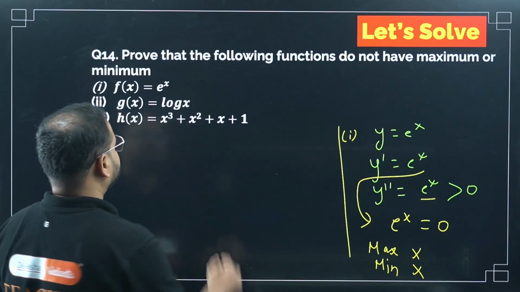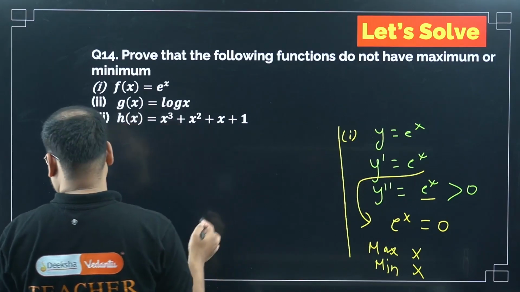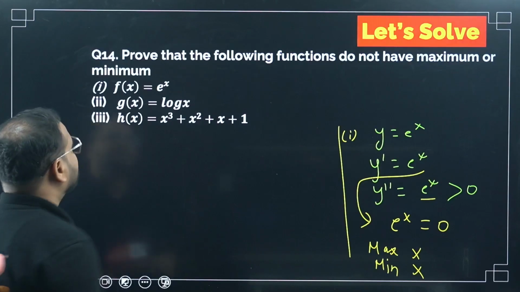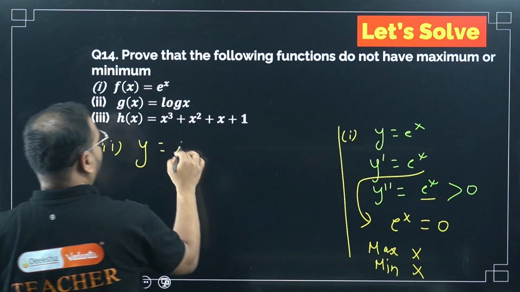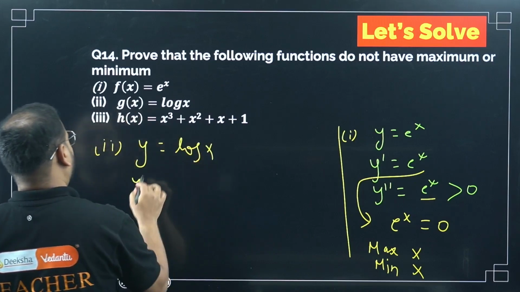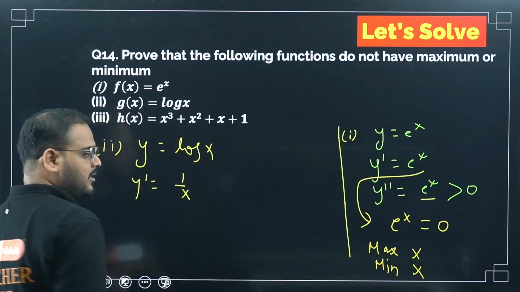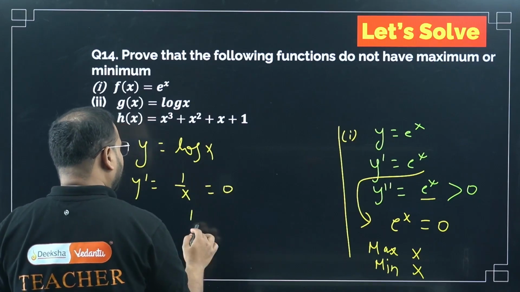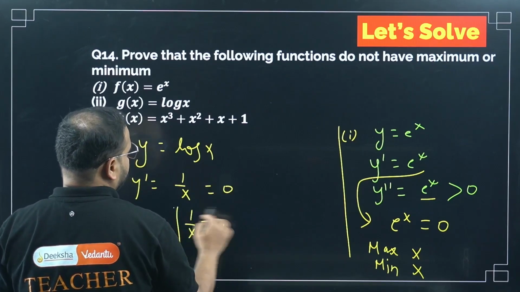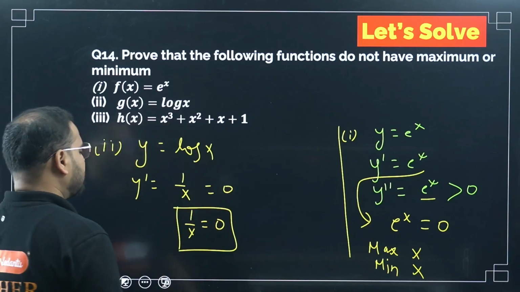Next one, second one. Again the same thing, y equals log x. Tell me the differentiation. y dash is 1 upon x. Let's forget about the second derivative right now. Find the critical point: equal to 0. Can 1 by x ever be equal to 0?